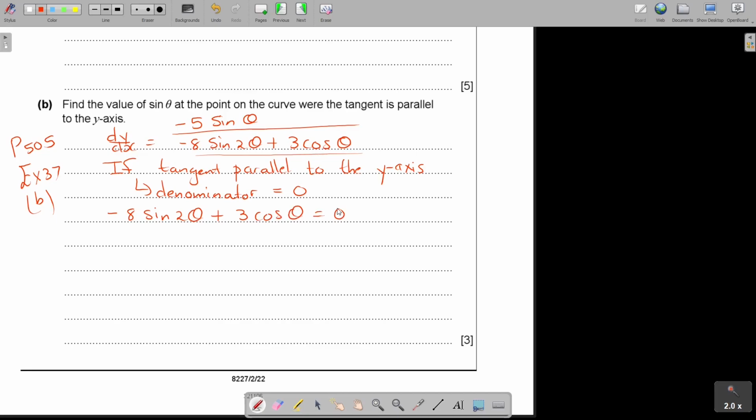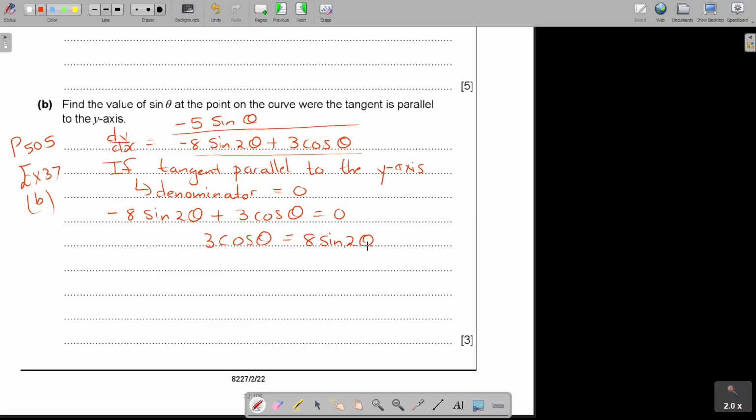So take rather the negative over. So say 3 cos theta equals 8 sin 2 theta. And now, I'm just trying to make it in terms of a tan. Or let's see what happens here. Oh, no. I have a 2 theta there.